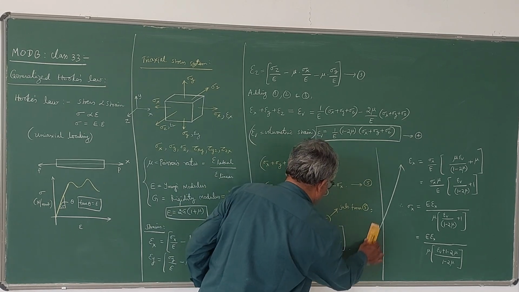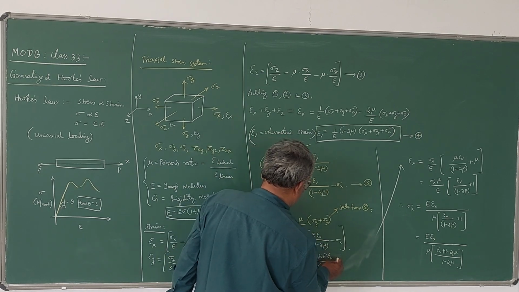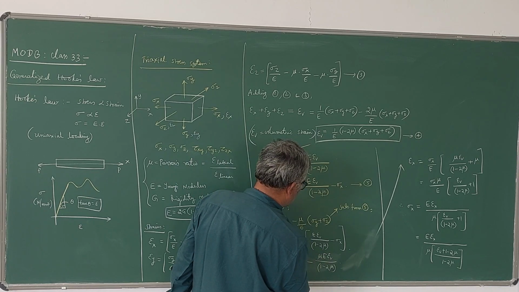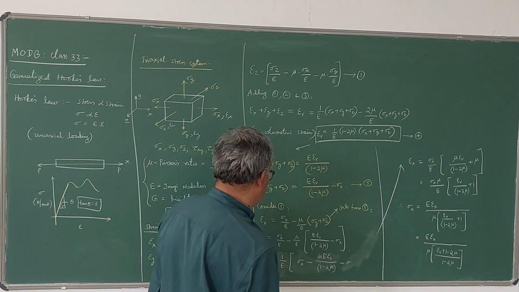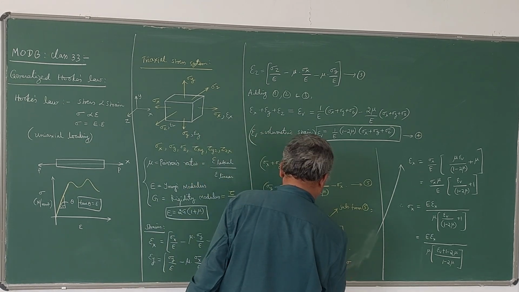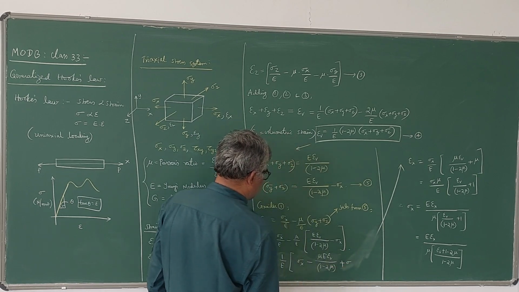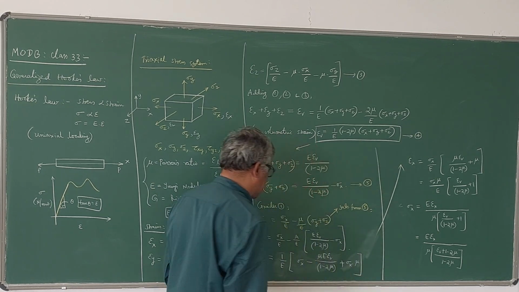Then I take sigma x minus mu into E into epsilon v by 1 minus 2 mu. This becomes minus, whereas this becomes plus 1 by E sigma x into v. So I get it like this.